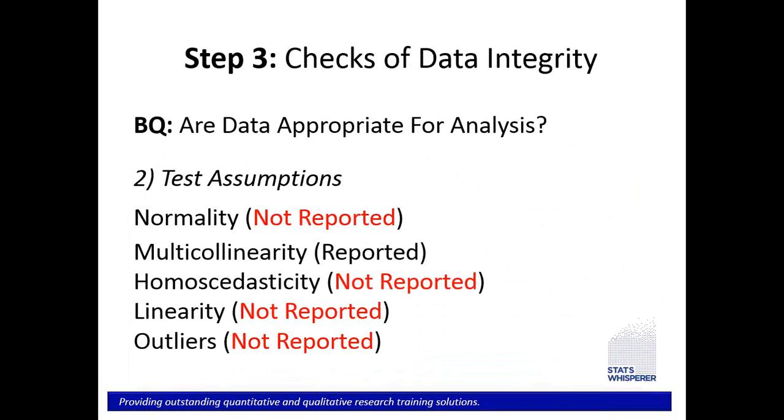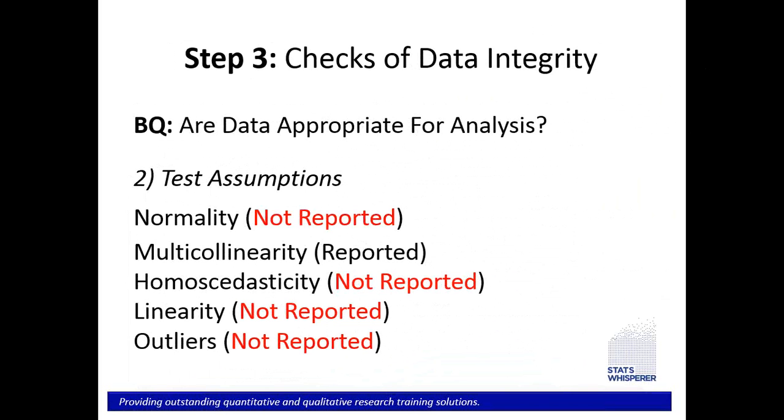There's no mention of homoscedasticity or linearity or outliers. And we all saw how outliers can play havoc with our findings. So out of 5, only 1 was referred to, and that's very, very common. Don't forget, this is only within test assumptions, so this is just one of the 4 checks.